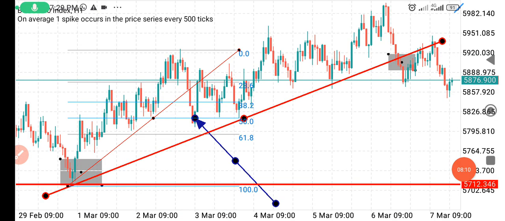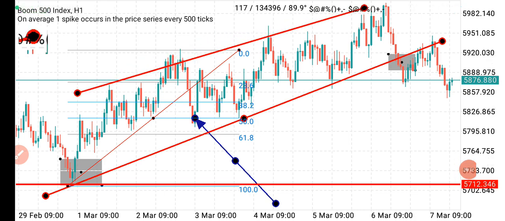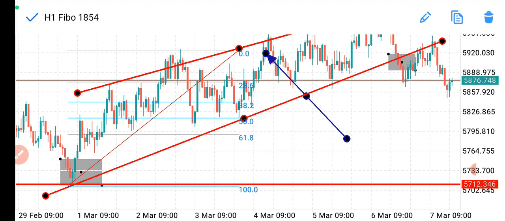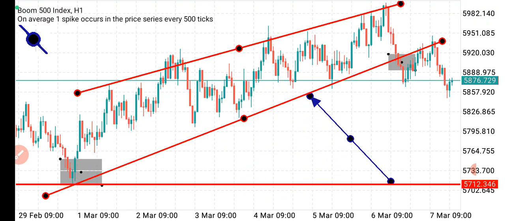A train will always pass in between the rail. It cannot move outside the track. So in the same way, price doesn't move outside the rail.